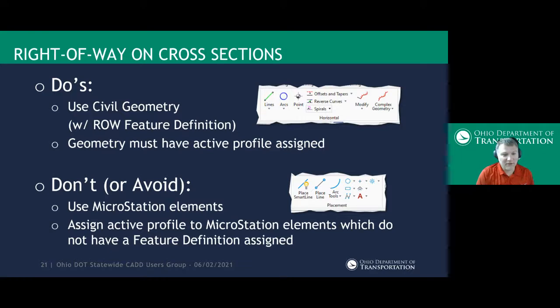The second don't would be don't assign an active profile to a MicroStation element which does not have a feature definition assigned. A lot of folks are going in, assigning a profile to that before there's a feature definition, and that causes an issue. I'll show how to fix that if you run into that case in a bit.